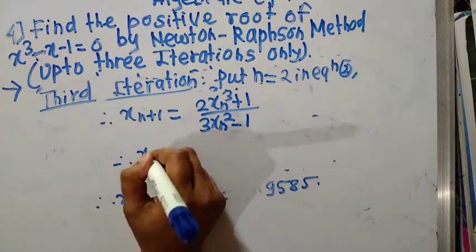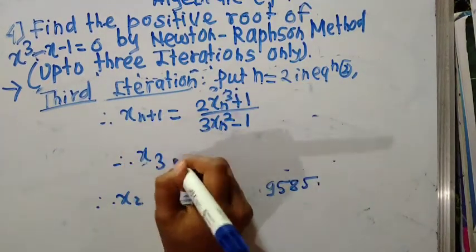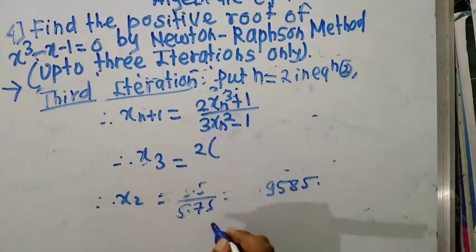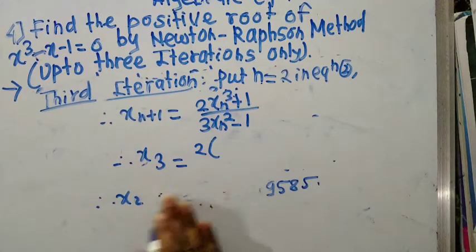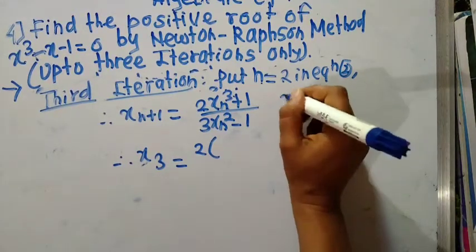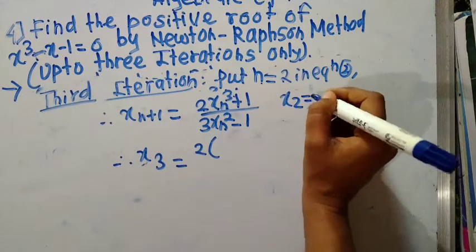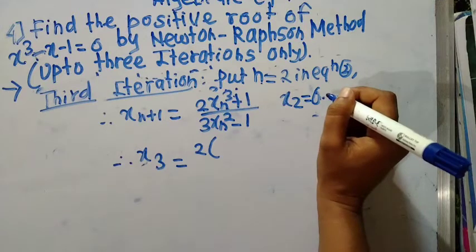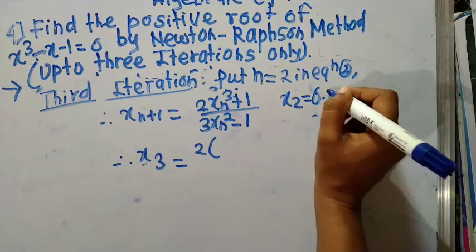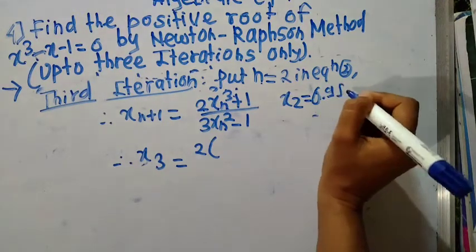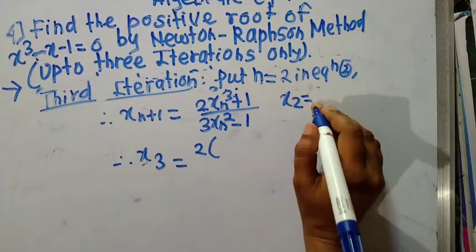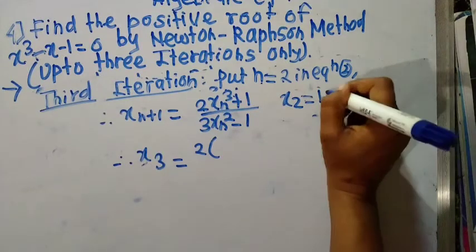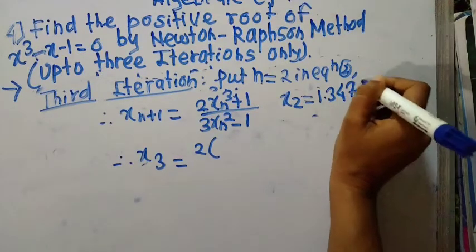So here 2 plus 1 is 3, and x2 is equal to 1.3478.